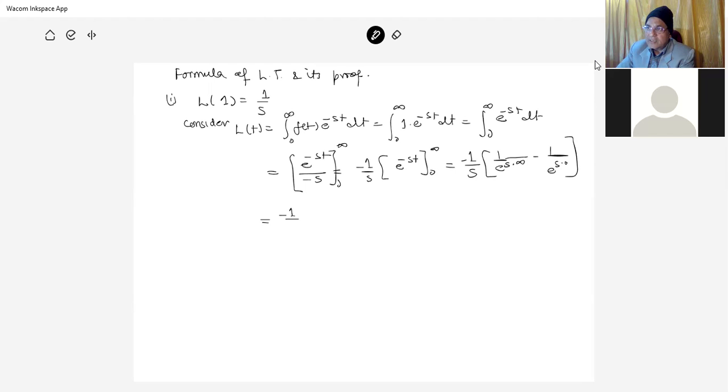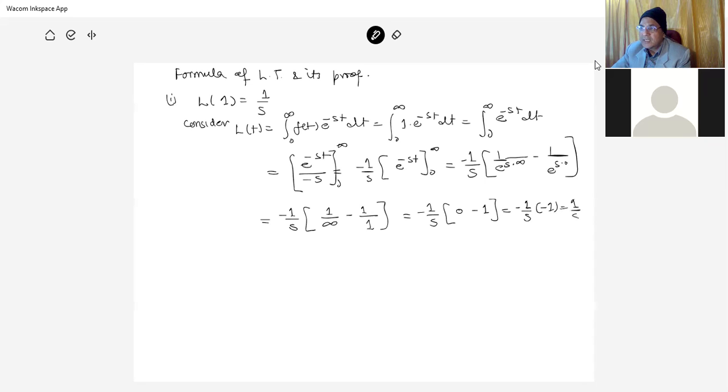Minus 1 by s, e raised to the power infinity is infinity, 1 upon infinity, minus 1 upon, e raised to the power 0 is 1. This is minus 1 by s, 1 upon infinity is 0, this is minus 1. So minus 1 by s into minus 1, so it is 1 by s.